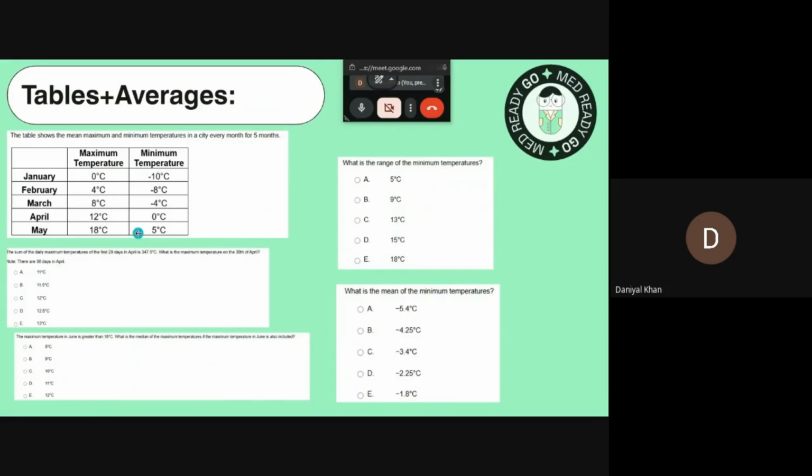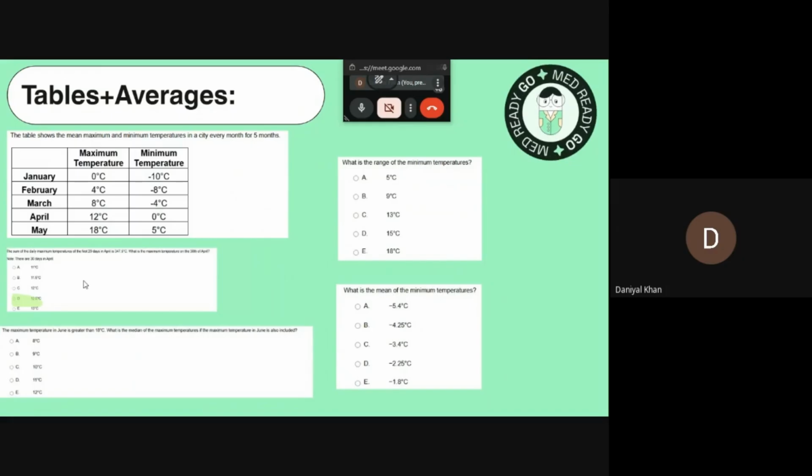So if you rearrange the formula to find the total value, we'll have to do 30 times 12, which will give you an answer of 360. That's the total for the whole 30 days. We've already been given the first 29 days. So to find out the temperature on the last day, you would do 360 minus your 347.5, which would give you an answer of 12.5.